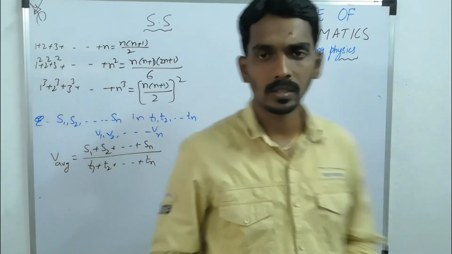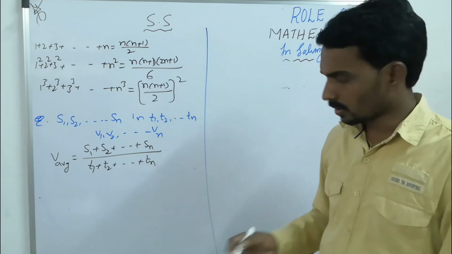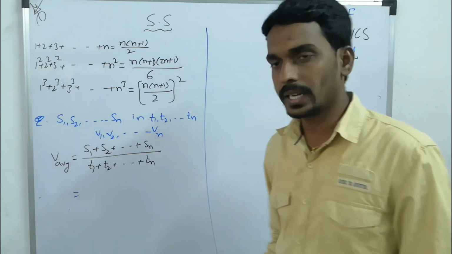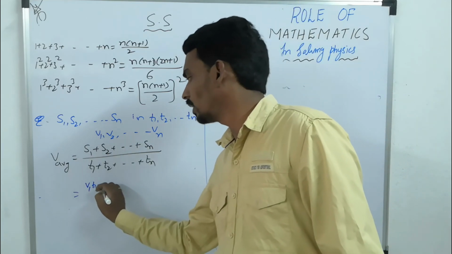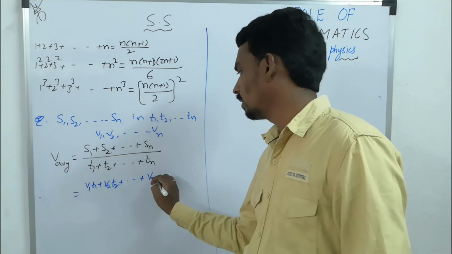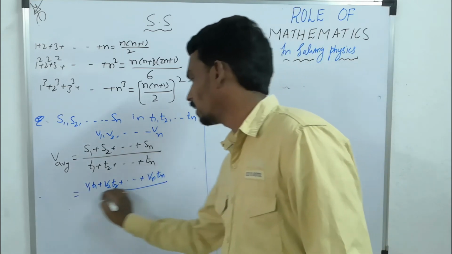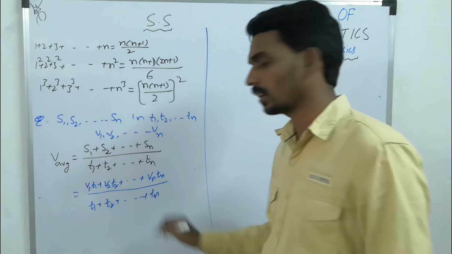Next, the same formula you can also write in terms of v and t, since s equals vt. So it is (v1 t1 plus v2 t2 plus so on up to vn tn) divided by (t1 plus t2 plus so on up to tn).